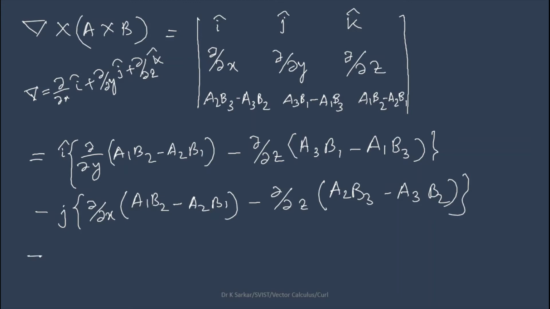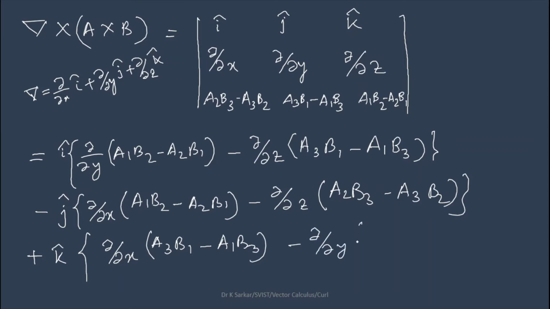Next is plus k times [del/del x of (A3 B1 minus A1 B3) minus del/del y of (A2 B3 minus A3 B2)].